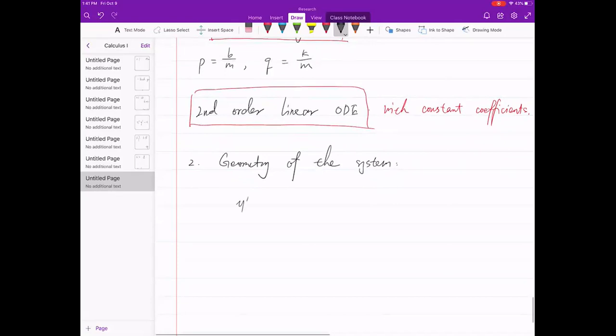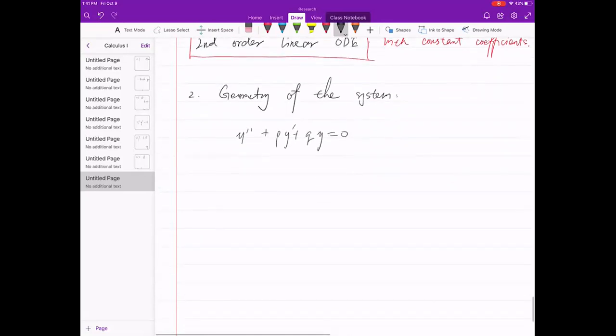Now let's go back to this one. Okay, we still prefer to write everything with V equals Y prime.